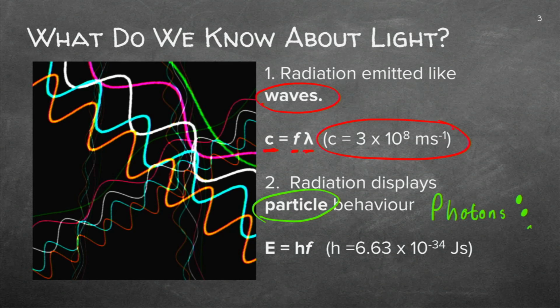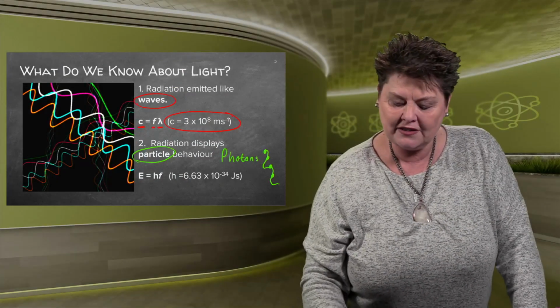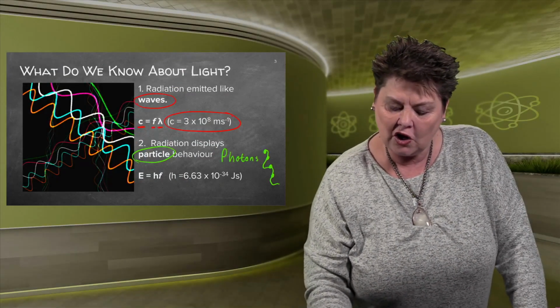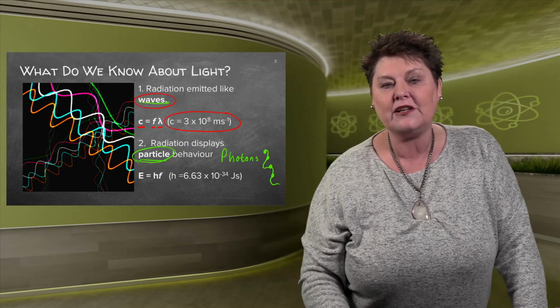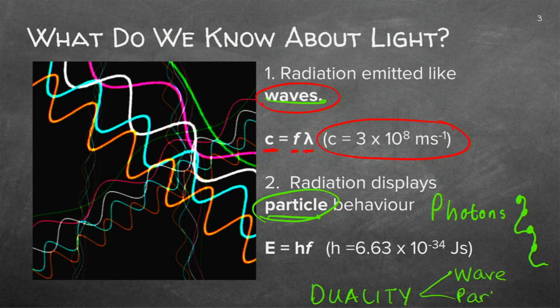So, light will move like a wave, but it also has particle characteristics. And because it's got particle and wave characteristics, we say light has got duality. It can be either a wave or a particle. And that's quite important for you to know.